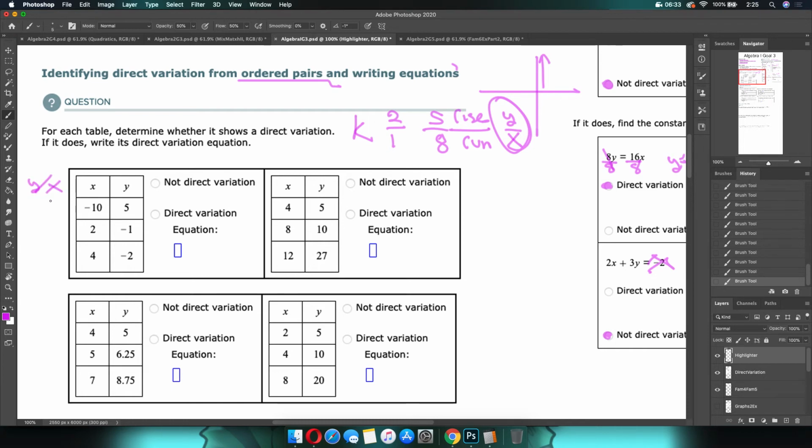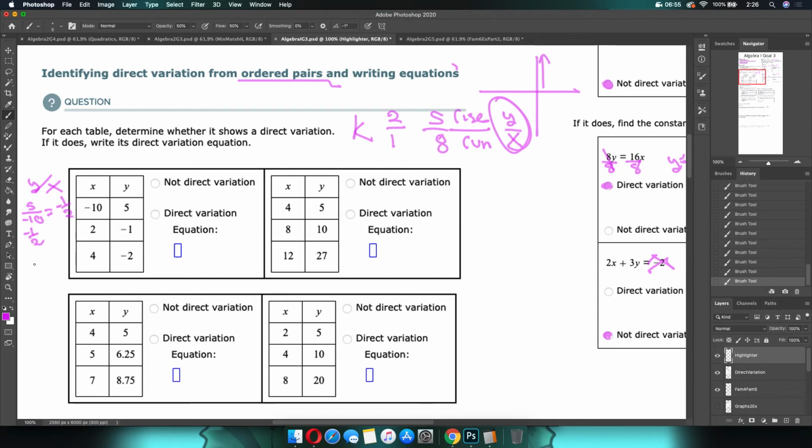And if we do it right, if this is in fact direct variation, we're going to get the same number every time. So for example, if we have 5 over negative 10, let's use my magic math brain, that equals -1/2. Well, that's -1/2.